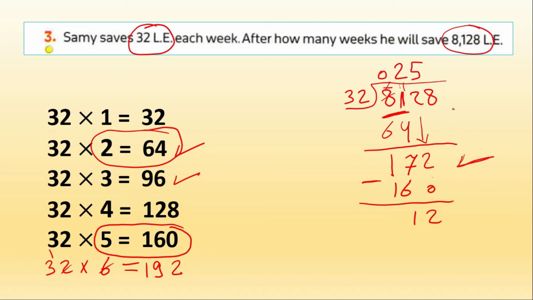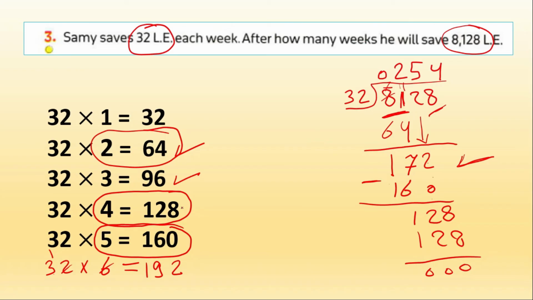Now drop 8. 128 divided by 32. Search for 128. 128 is 32 multiplied by 4. So 4 and 128. 4 up, 128 down, and subtract: 0, 0, 0. Okay, so the number of weeks. What is he asking me about here? How many weeks.